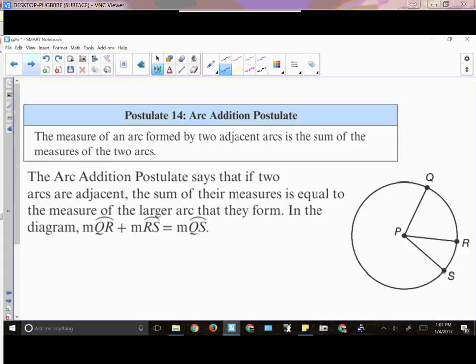So, what this is telling us, it's saying the measure of arc QR plus the measure of arc RS goes from Q to S. Well, that makes sense. If I've got this here from Q to R, and then I've got from R to S, and I put those together, that would just make one larger arc, correct? See, again, a lot of this stuff is, well, duh, of course it's going to be. Okay? But now these are the rules that say that it can be done.